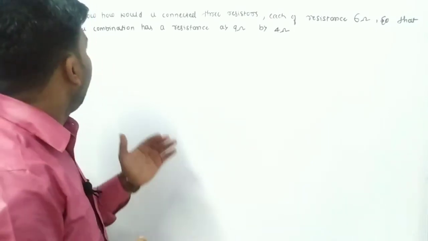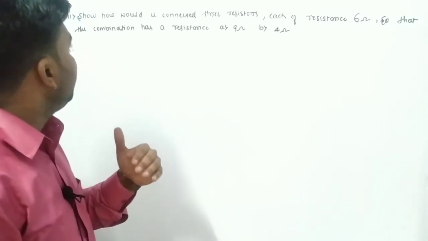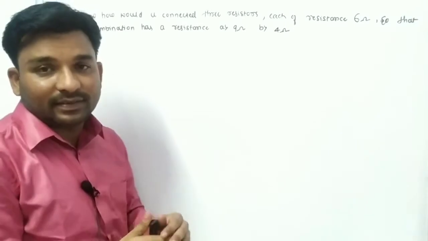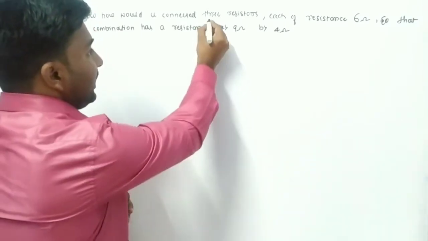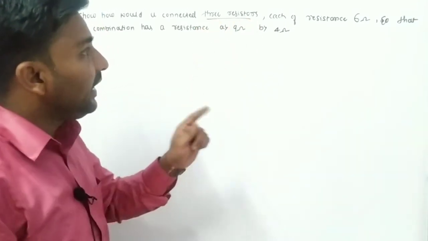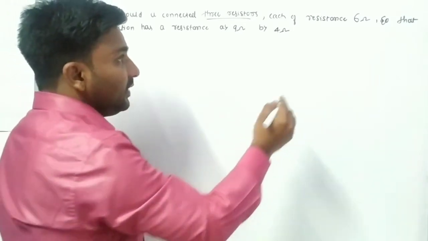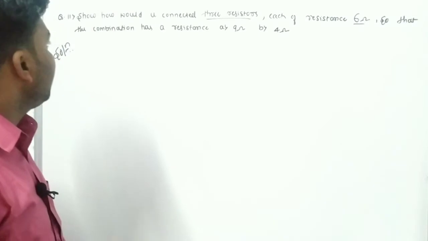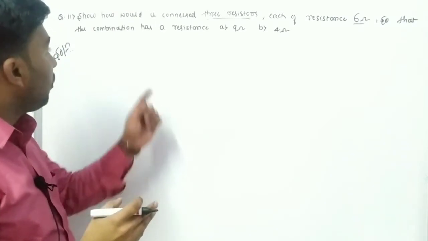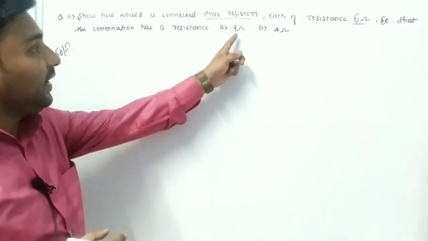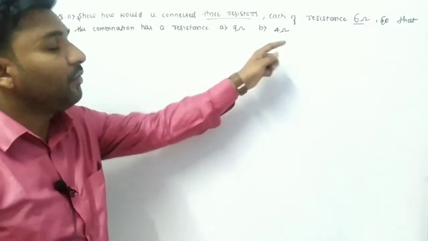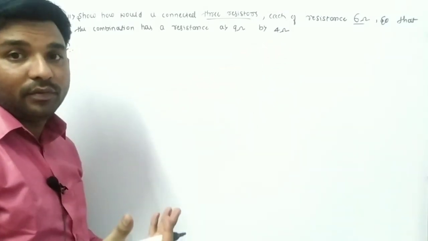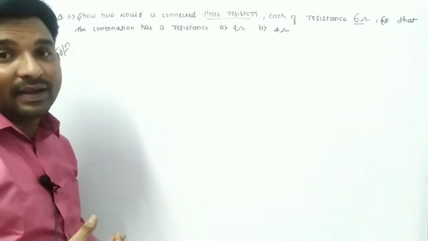Here we need to be sure that the three resistors, each of resistance 6 ohm, combine to give 9 ohm and 4 ohm. So how would we connect these three resistors?